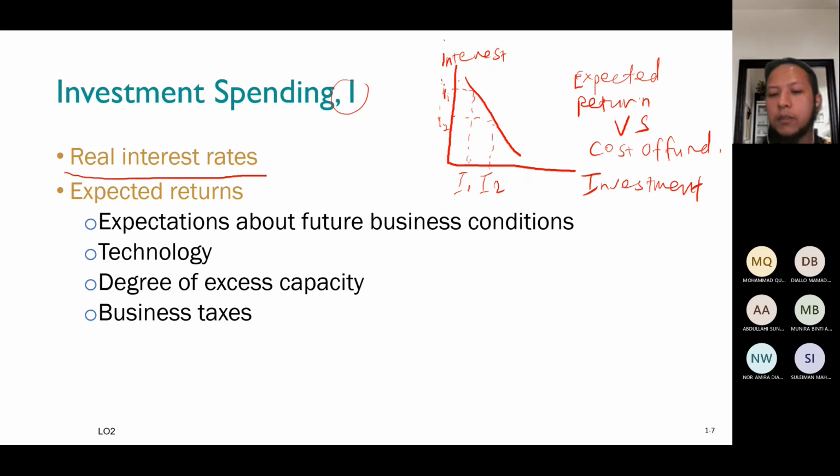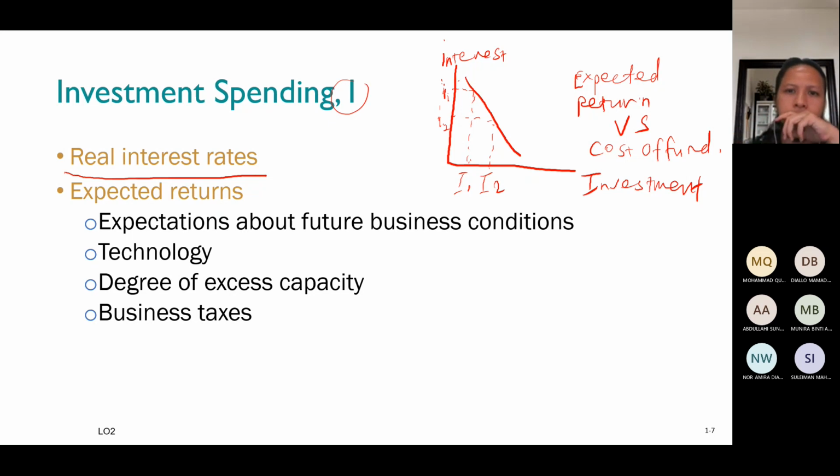So if you borrow 1 million from the bank at a cost of fund, which is the interest, of 5%, but you expect from your investment a return of at least 10%, then expected return is higher than the cost of fund, and the business will decide to invest. So this is what we talked about last week.